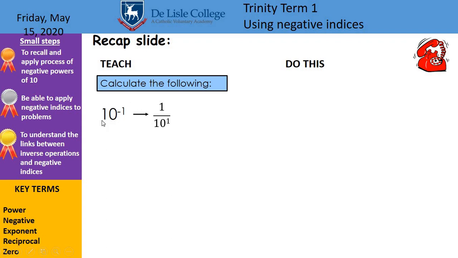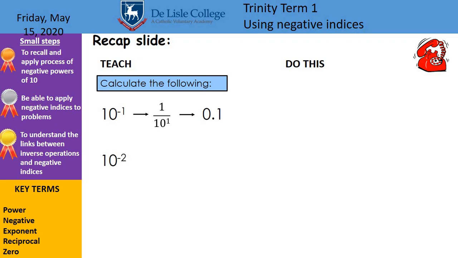So you flip this into a positive, but then you put it underneath a 1 as a fraction. So actually 10 to the power of negative 1 is equivalent to 1 over 10 to the power of 1, and we should know that 10 to the power of 1 just means 10, and if we wrote it as a decimal it would be 0.1.